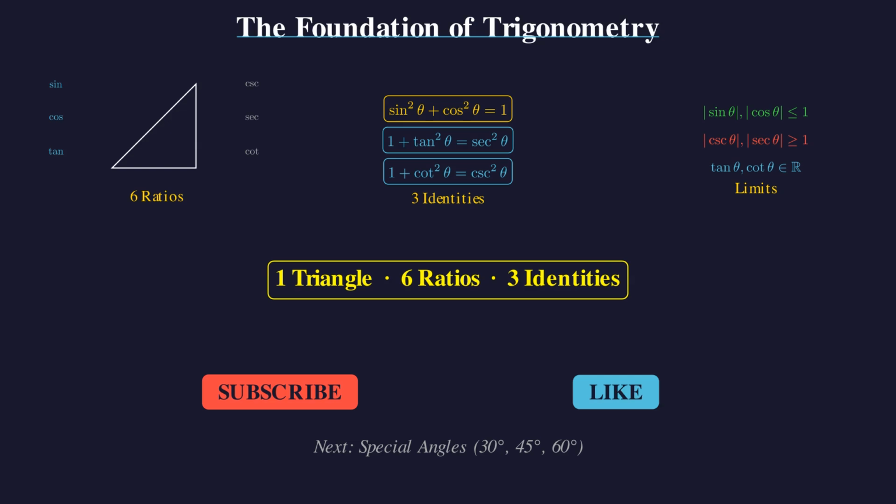And finally, we discovered the natural boundaries. Sine and cosine are locked between -1 and 1, while their reciprocals live outside that range. 1 triangle, 6 ratios, 3 identities. That's the foundation of all of trigonometry, and everything else builds on exactly this.